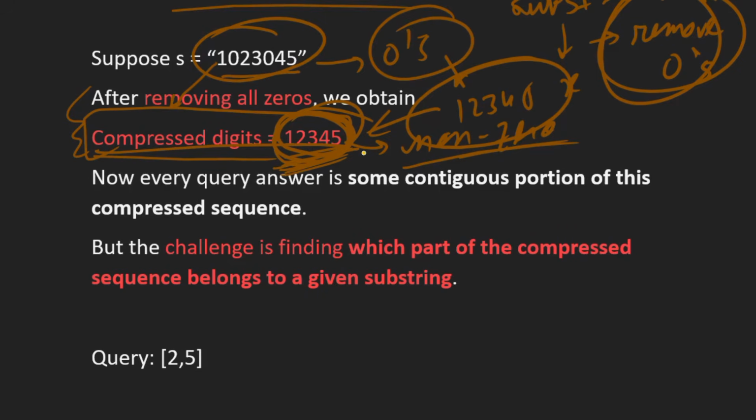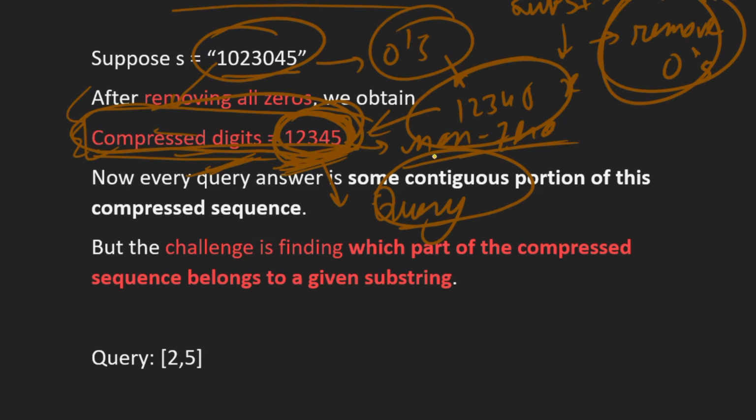But how will we find which part of these compressed digits will form the answer of a given query? Let me repeat it again. We get these compressed digits after removing all the zeros from the original string.